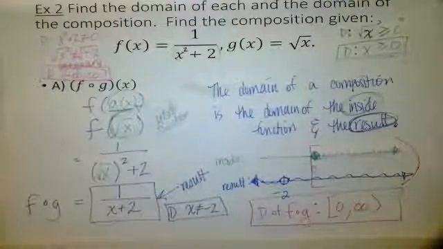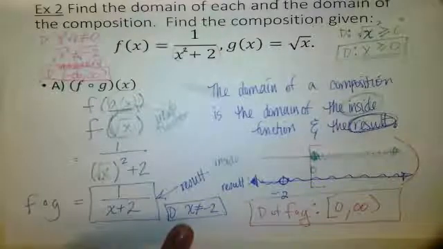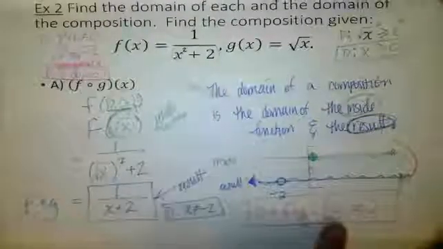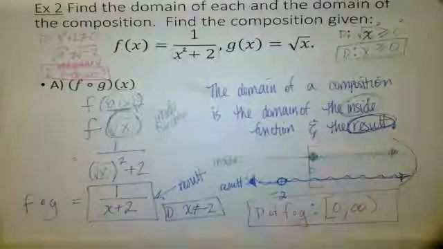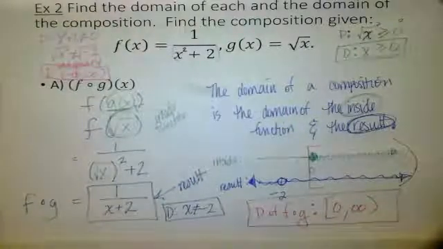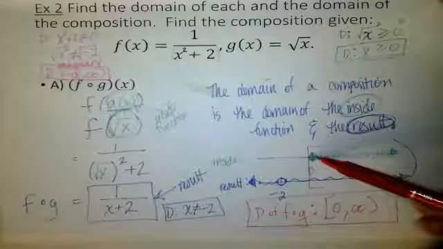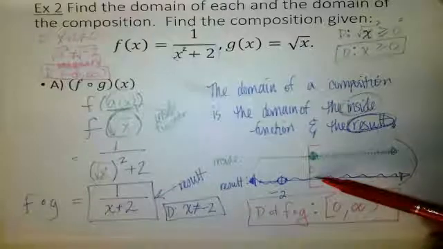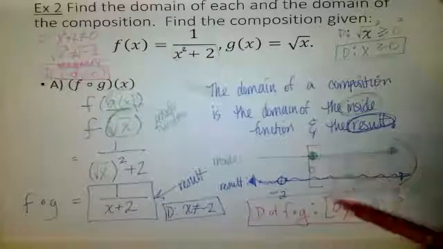Isn't that interesting? It's not the domain of the result, is it? This is the domain of f of g. The bracket at 0, because does 0 work for the first one? Does it work for the second one? Yeah. So it works for both, so we include it.